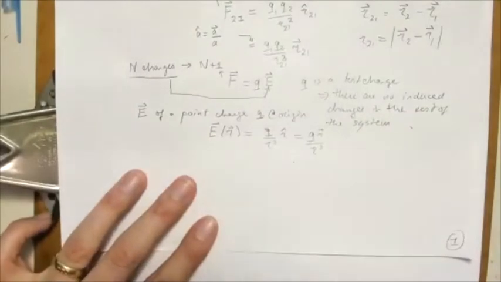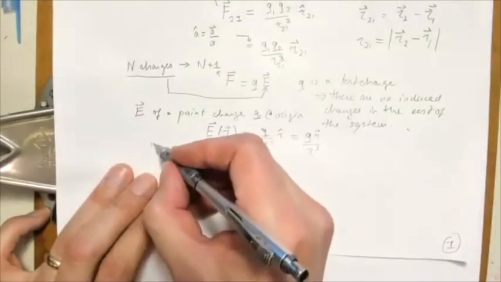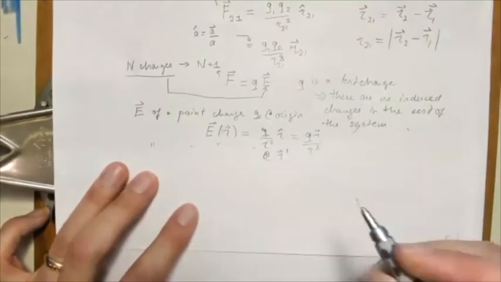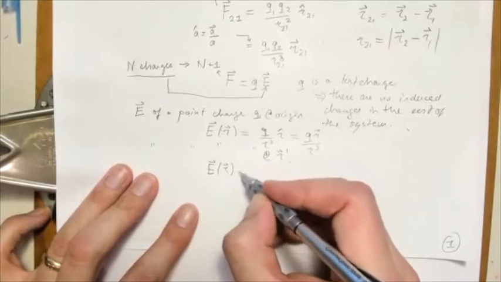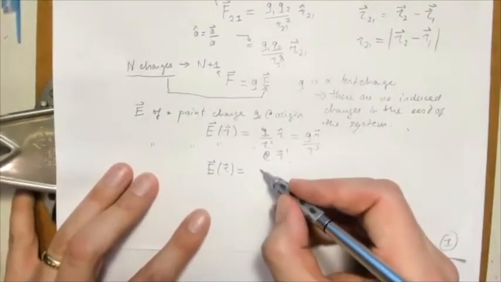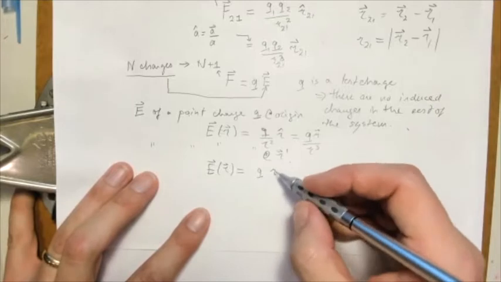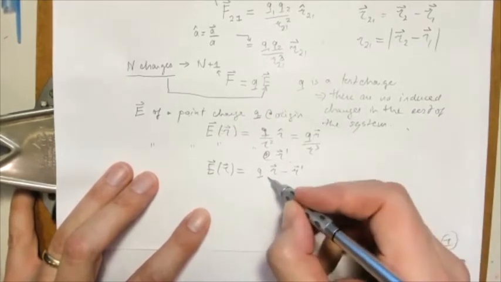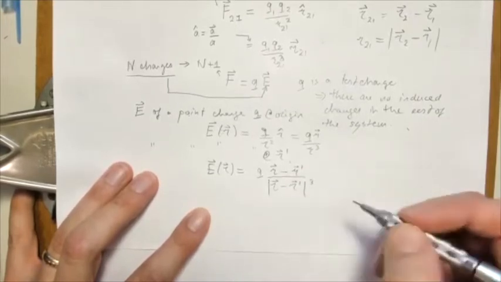If we shift our coordinate system, so instead of having the point charge at the origin, we place it at some position R prime, the same setup, then the electric field at position R is Q times, now this is a little bit more tricky, R minus R prime over the modulus of R minus R prime cubed.